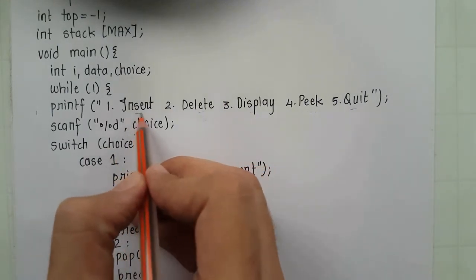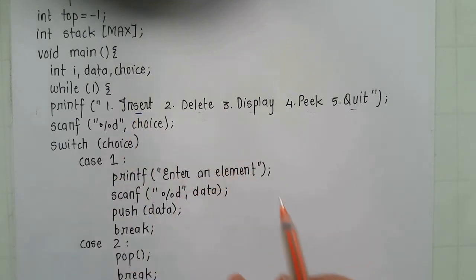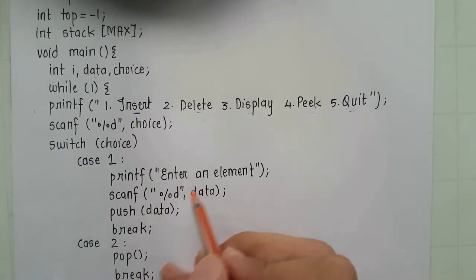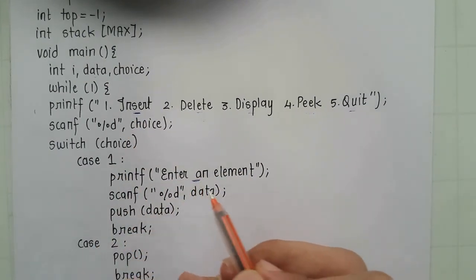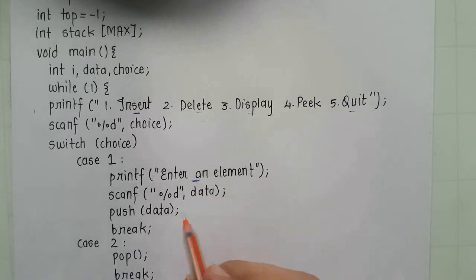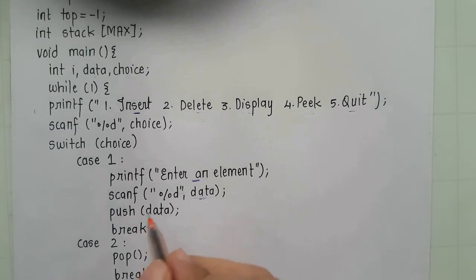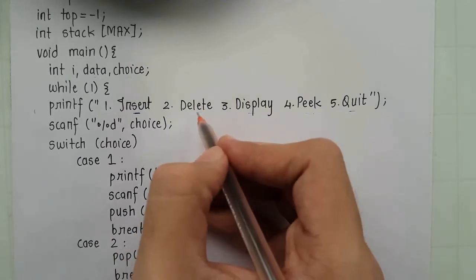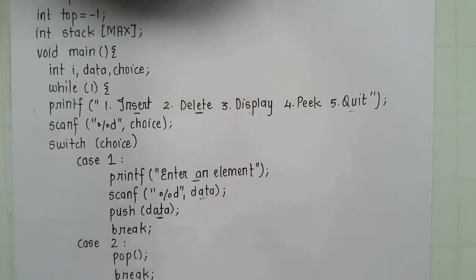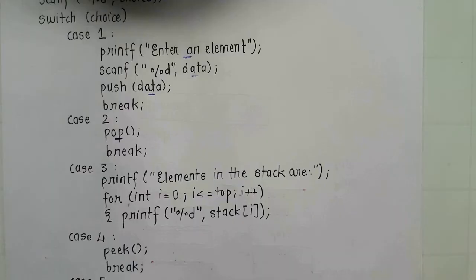So if the user wants to insert the data, case 1, he would be asked to enter an element, then that element would be inputted in the program and it would be passed to our push function. In case he wants to delete the data, case 2 is the pop function, which means data would be deleted from the stack.